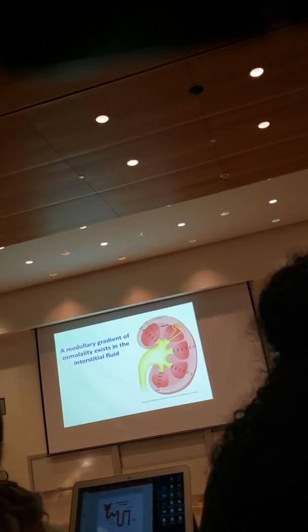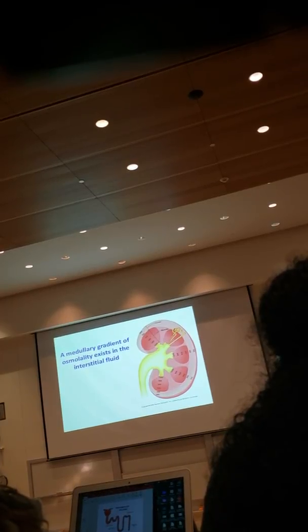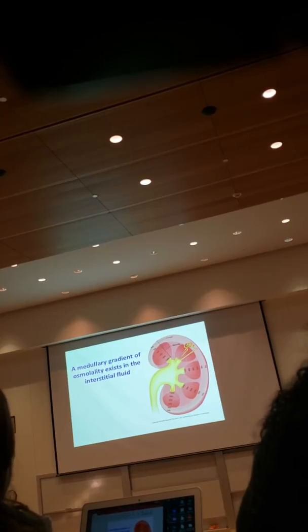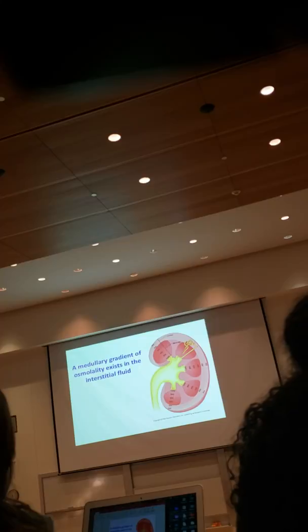Any questions before we start our journey in the filtrate? Okay. So let's see what we have in the interstitial fluid. This is the cortex, and here you have the medulla, right? And you have the example of a nephron where the loops of Henle are dipped into the medulla. This is not air. This is water. This is interstitial fluid filling up this pool.